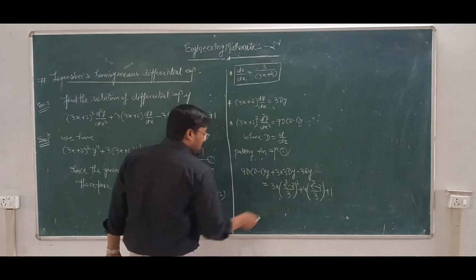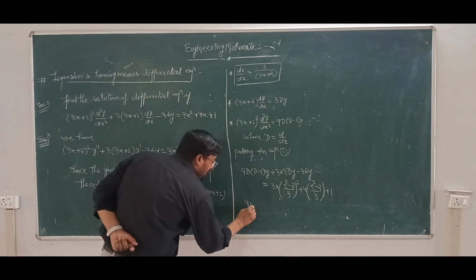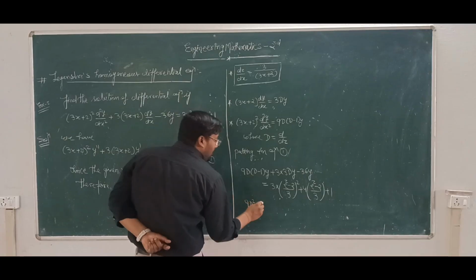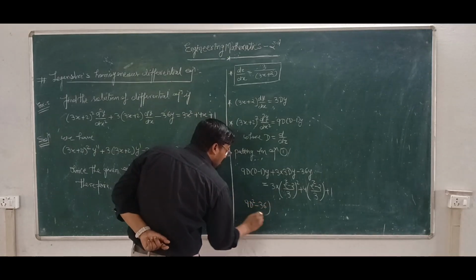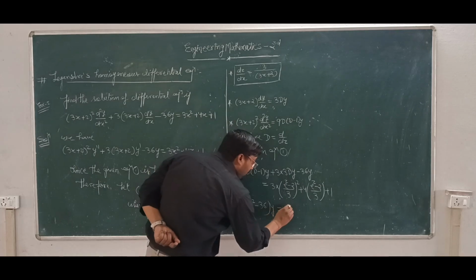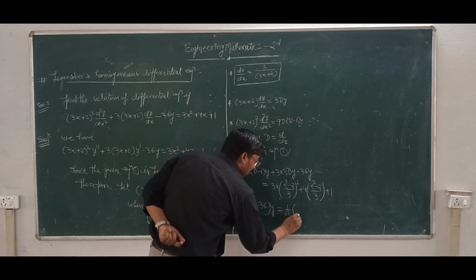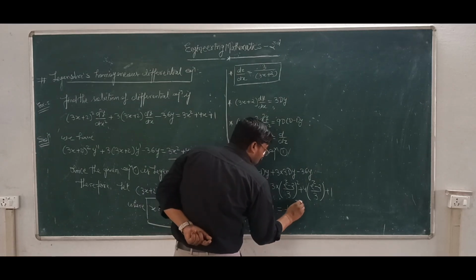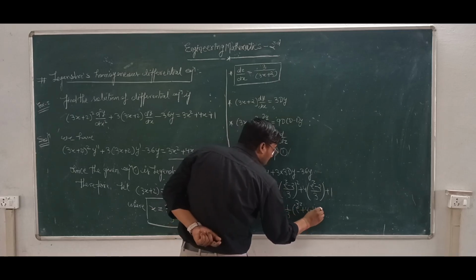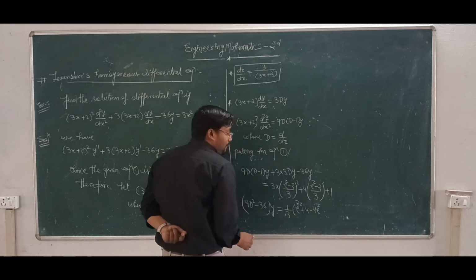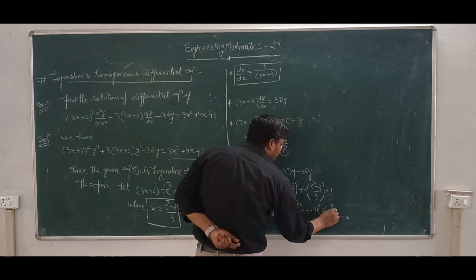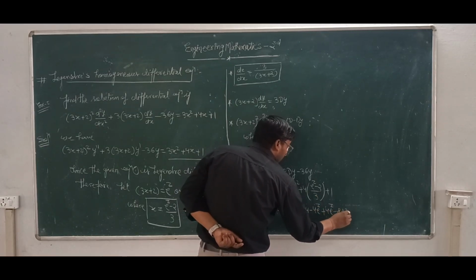Now you solve this equation. 9D² minus 9D cancels, minus 36y, equals 1/3 e^(2z) + 4 − 4e^z + 4e^z − 8 + 3.